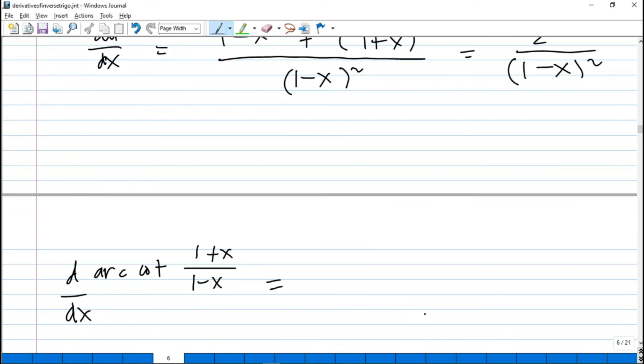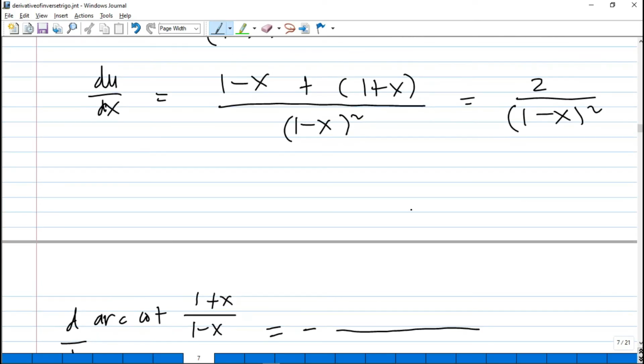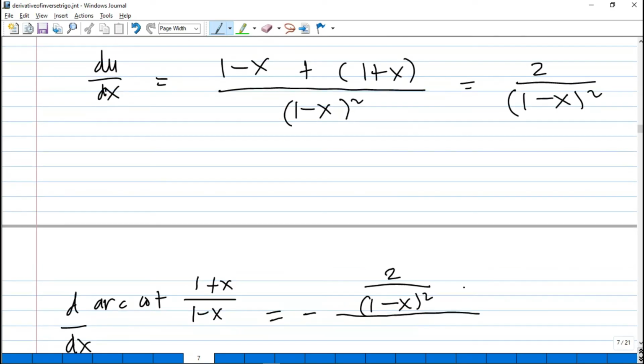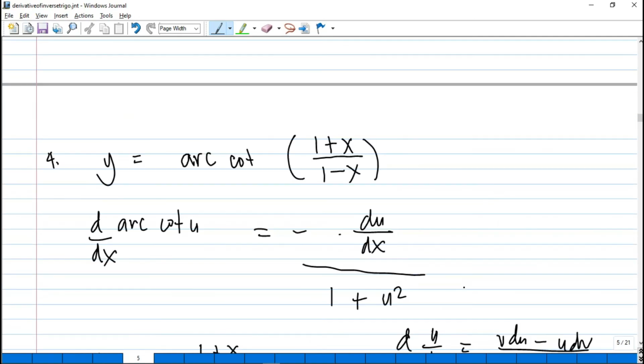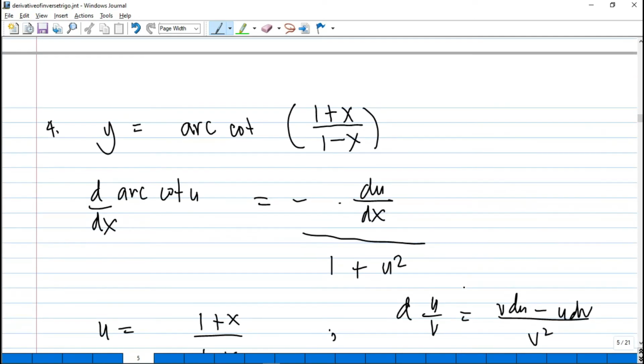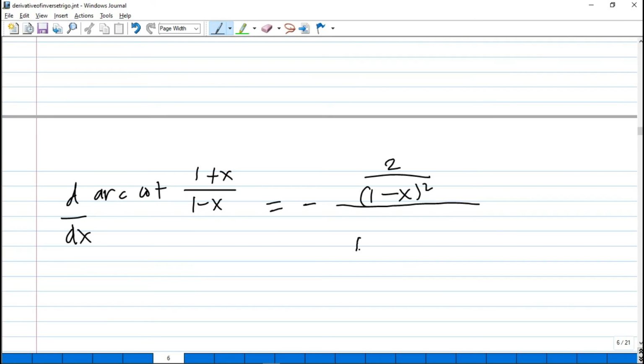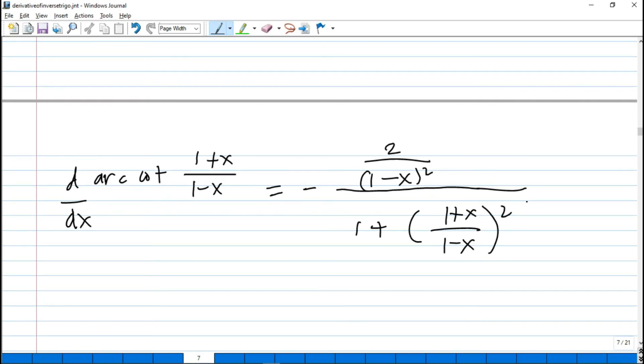So this is negative, and du over dx is 2 all over 1 minus x quantity squared. Then we have the denominator as 1 plus u squared. So 1 plus, u is 1 plus x all over 1 minus x, that is squared.